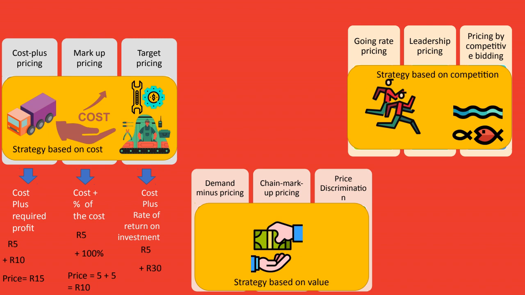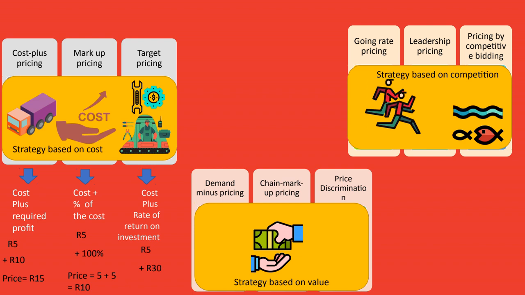The next type of basic pricing strategy is what is called a strategy based on value. And this is a different type of philosophy of pricing. It's not looking internally, it's not looking at your costs and adding on. It is saying, well, what is the market? What is the consumer perceived value? And then we will go from there.